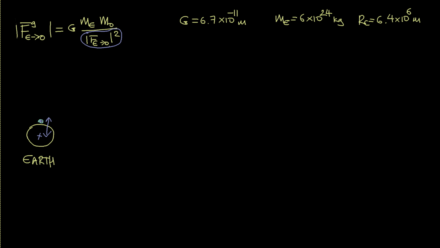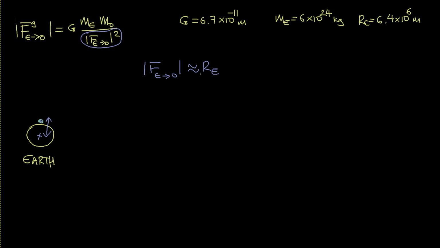Now, I can approximate this distance in the following way. I can say that the magnitude of the vector r from the Earth on the object is approximately equal to the radius of the Earth. Is it always equal to that?